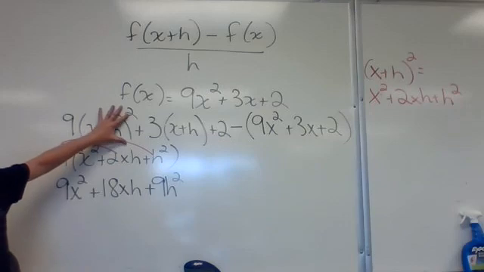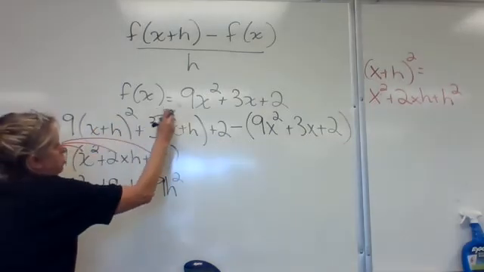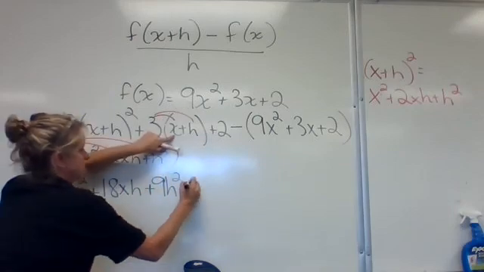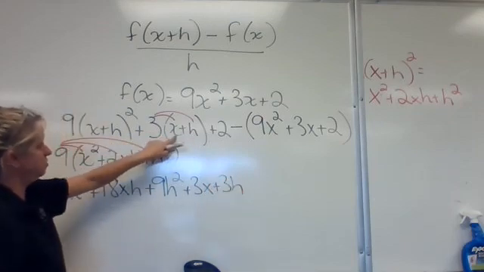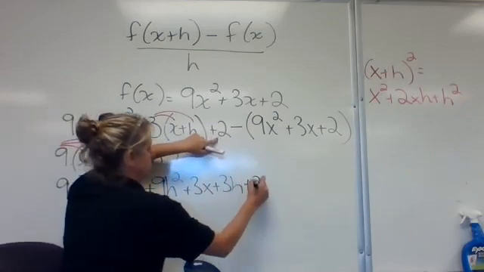So that took care of this part. Now to the second part where I need to distribute this 3. So I have plus 3x plus 3h from distributing the 3 to both of those. Bring down my plus 2.